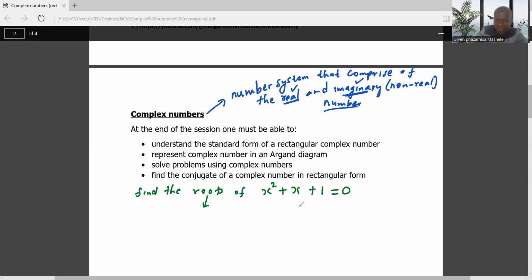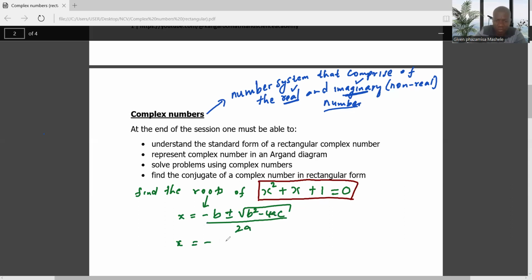So if we were to solve this, we say x equals minus b plus or minus the root of b squared minus 4ac, divided by 2a, the quadratic formula. Already we know this is in standard form. The b is the coefficient of x, it's 1, minus 4 times a, which is also 1 here, and the c is 1.